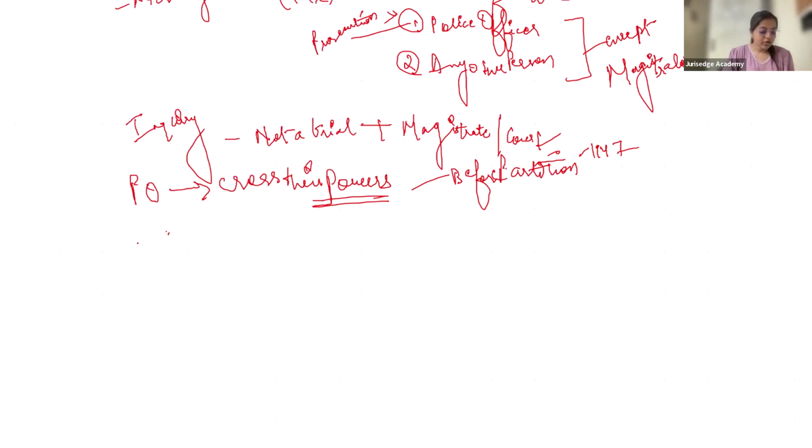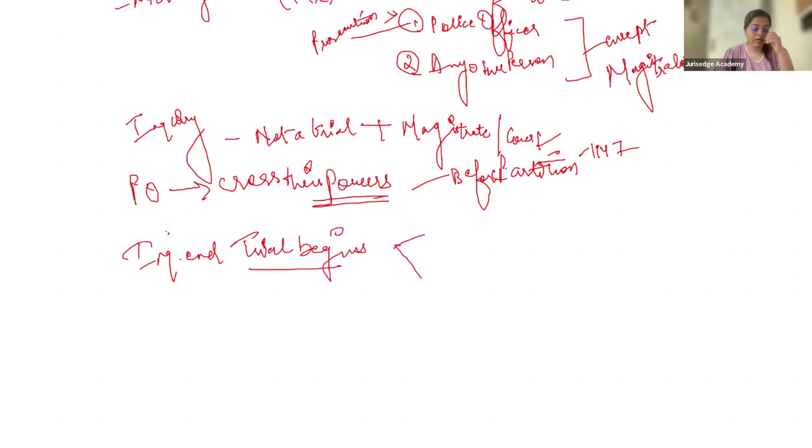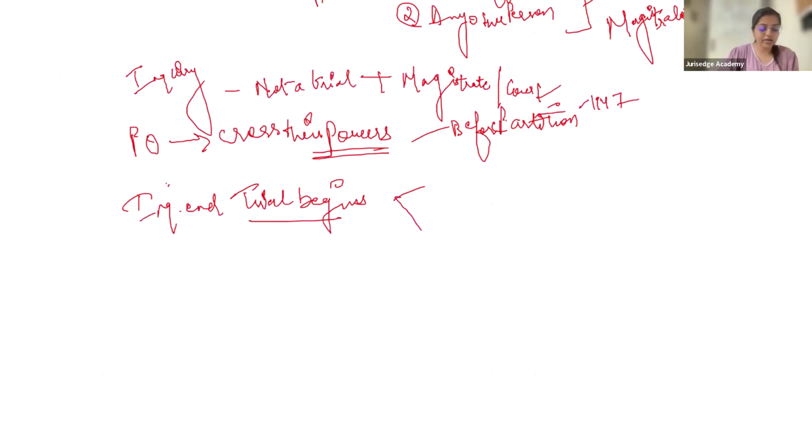So generally, where inquiry ends, the trial begins. But the trial is also conducted by the court, and the inquiry is also conducted by the court, so there are some instances where the trial and inquiry can overlap.